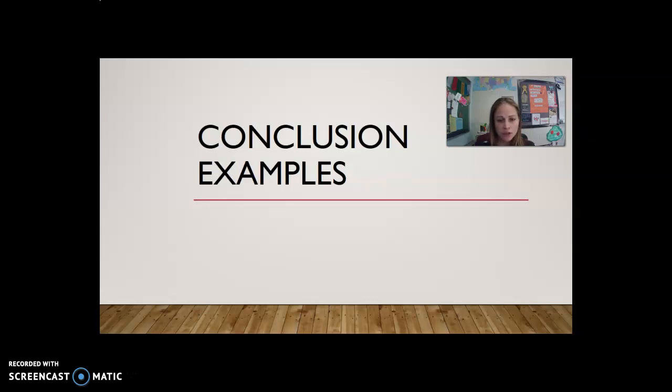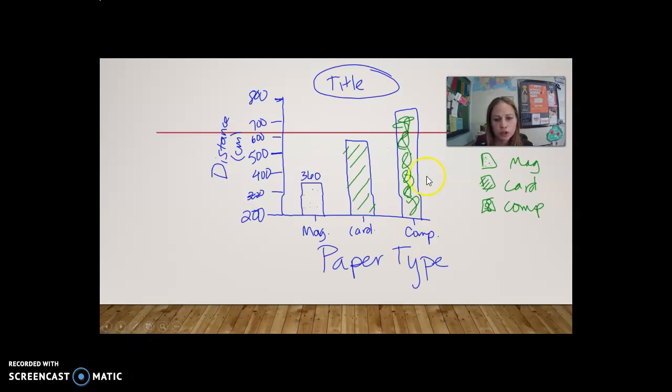Okay, so you should be able to draw a graph somehow in some notebook somewhere, and this is how it needs to be set up. I'm giving you the answer. Paper type is on the x-axis. This is your independent variable. And you may not have magazine, cardstock, and computer paper. You may have 3 other different types.